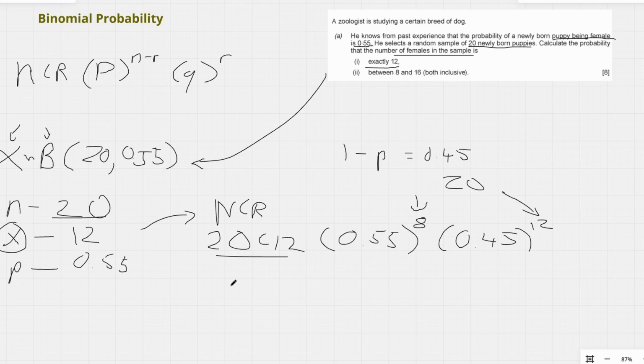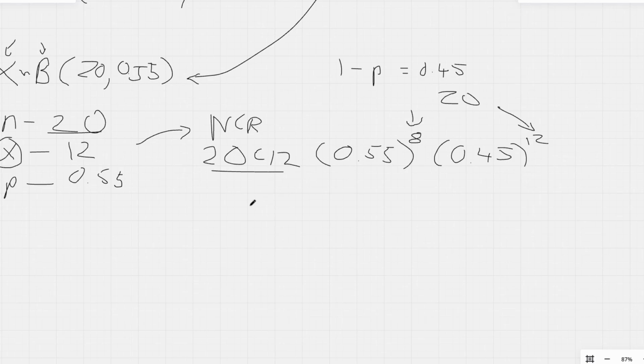So if we work this out in a calculator, it would give us 0.073, which in percentage is 7.3%.